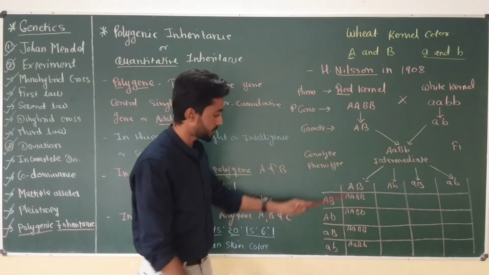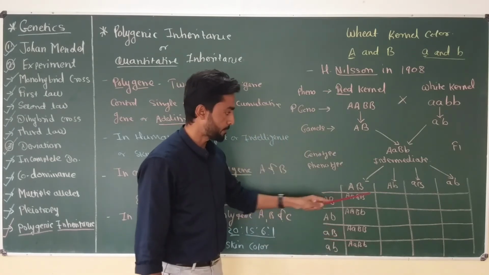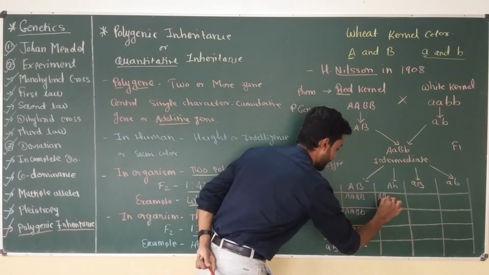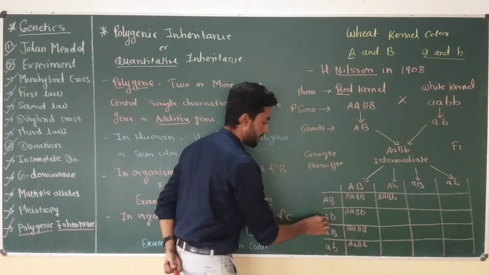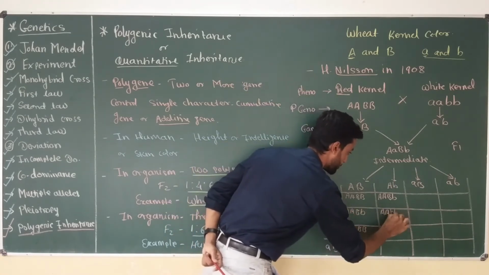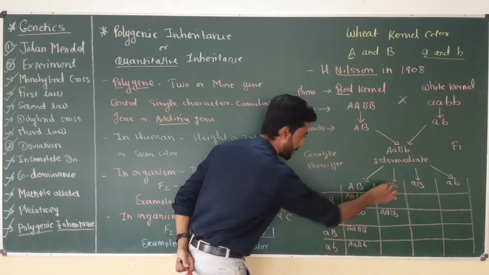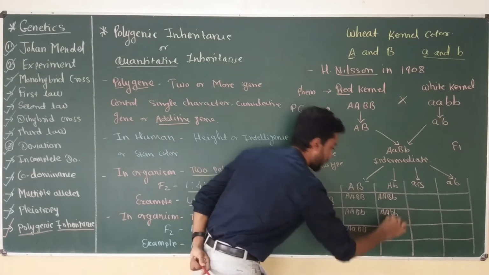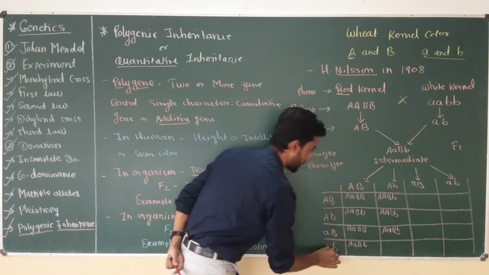Okay, so these are the first 4 genotypes of the F2 generation. Then we will get capital A capital A capital B small b, capital A capital A small b small b, capital A small a capital B small b, and finally capital A capital A small b small b.